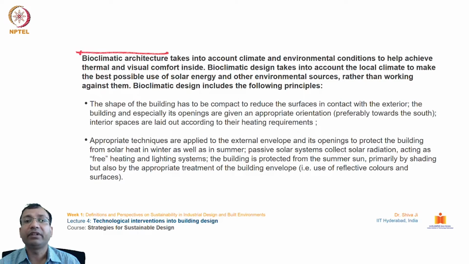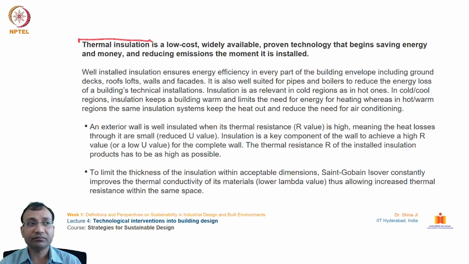For example, if we do not want much heat gain from the sun in the summer months, we should use reflective materials to reflect back the heat of the sun's rays. And in winter, if we want that heat to come inside, then we can use materials which allow heat retention in the building.